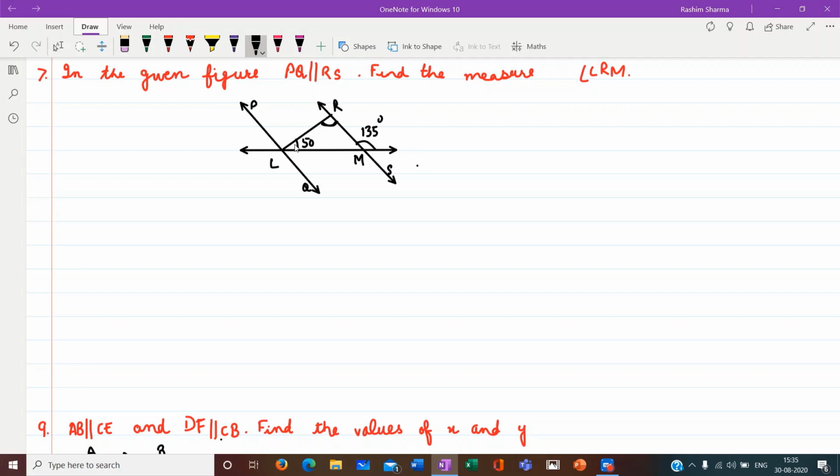We need to find this angle. Now we are given this angle as 50 degree and this angle as 135 degree. So let us take this angle as angle 1. Alright.